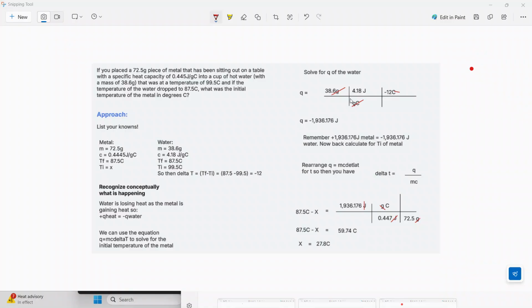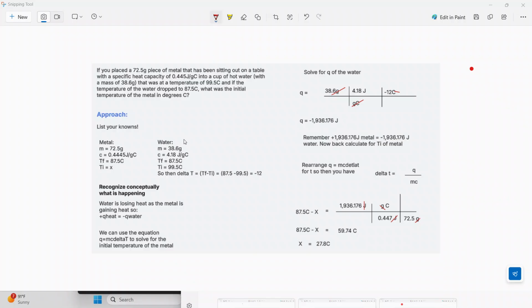And as we list out our numbers with their units, we see some units canceling. The grams cancel, the Celsius cancels. We want all that stuff to cancel because then we get the heat energy of the water in joules, which is our desired unit. So the heat lost by the water during this temperature change was measured to be negative 1,936.176 joules.